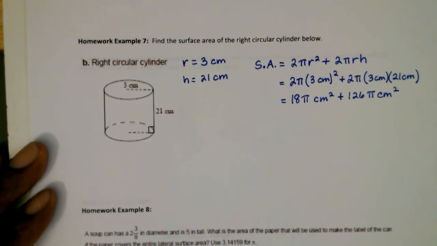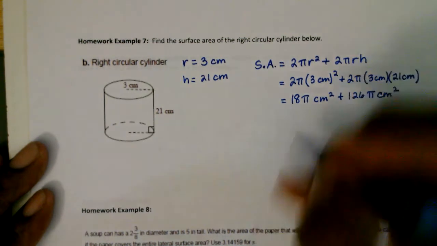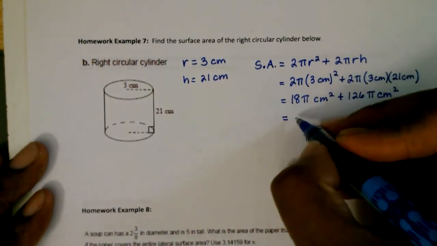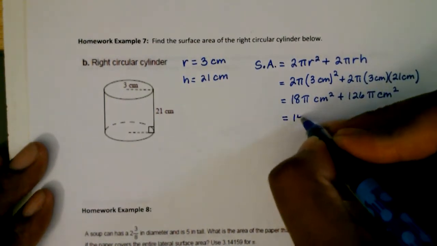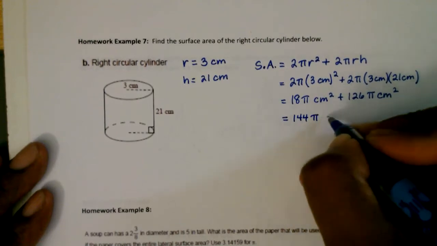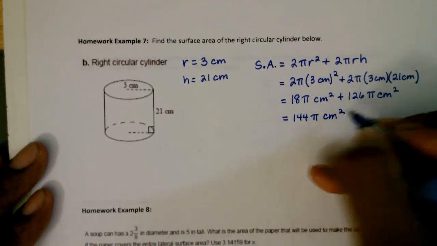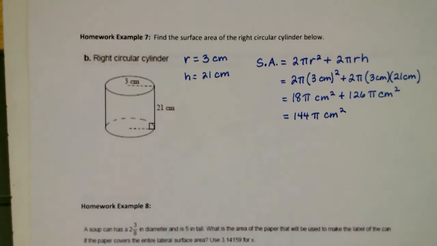So now 18 pi square centimeters plus 126 pi square centimeters will end up being 144 pi square centimeters. So that is the surface area of that right circular cylinder.